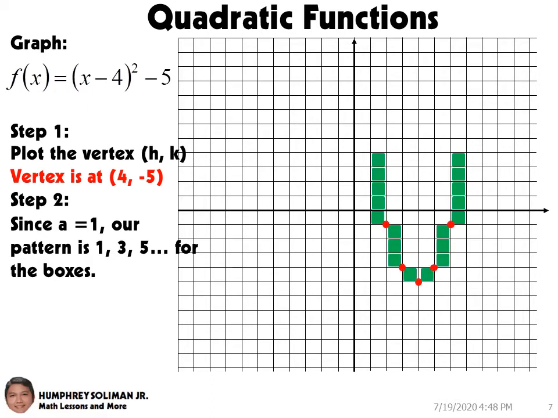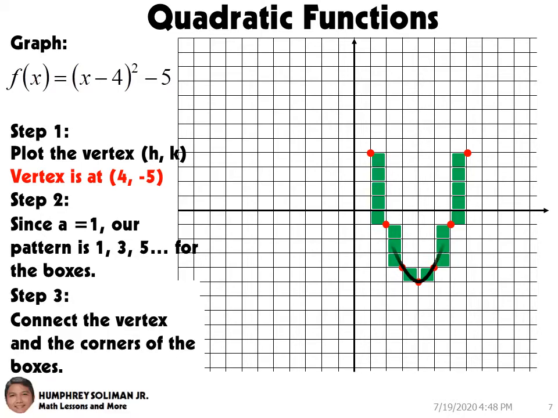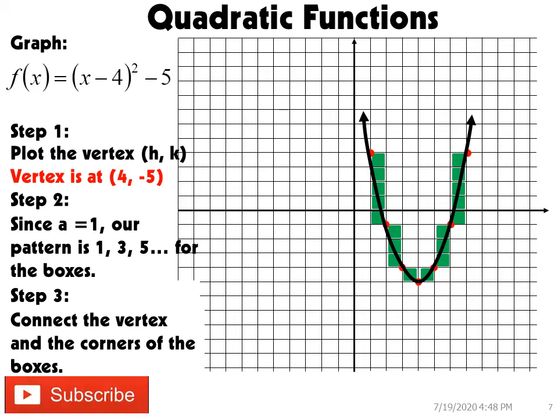Since a is positive, we need to draw the boxes upward. Each box that we draw corresponds to one unit. Step number 3, we connect the vertex and the corners of the boxes. Again, do not forget to put arrowheads at the ends of your quadratic function. These arrowheads will tell us that the function will continue and extend to infinity.